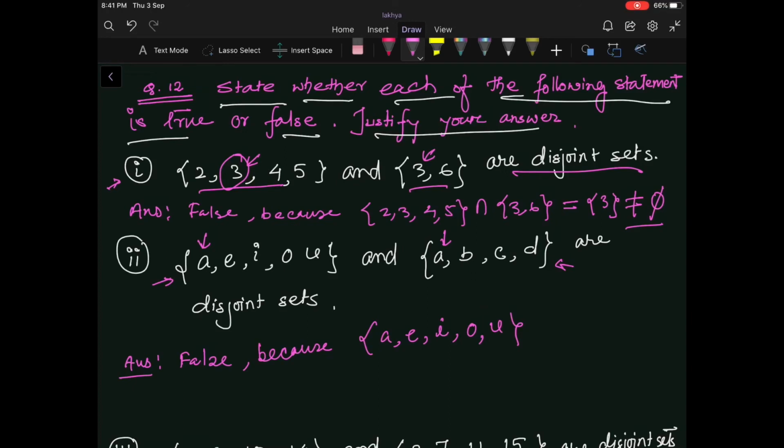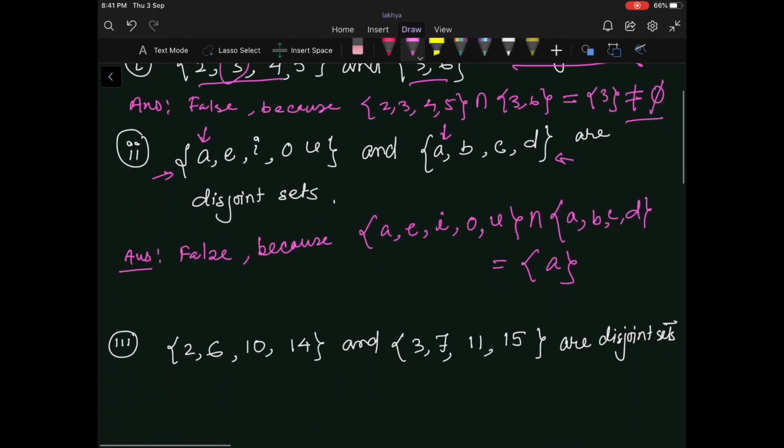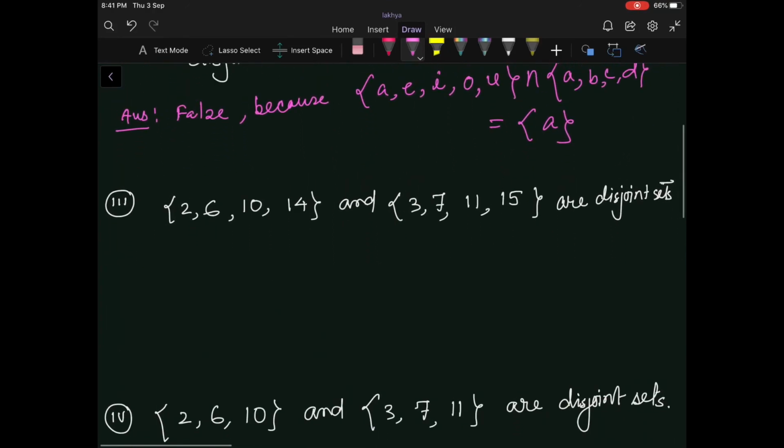To be disjoint they should not have a common element, but here they have, so they are not disjoint. Here let me write, equal to the set of a only. So a is the common element, that's why these are not disjoint sets.